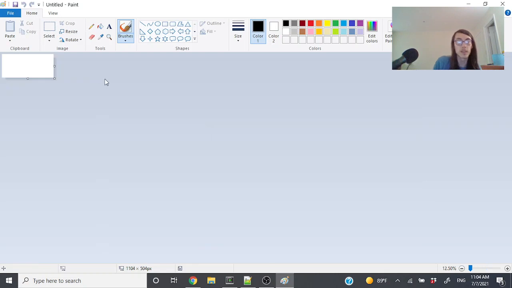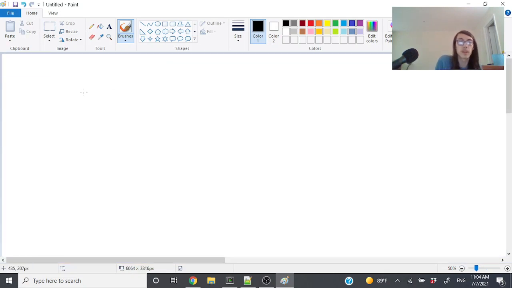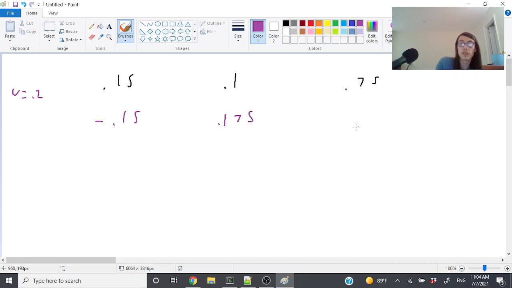So my problem right now is we have like 0.15, and then 1, and whatever's left, 0.75. Then we subtract, and then V is 0.2. So then this loses everything. So this gets minus 0.15. This gets 0.175. This gets 0.825. Then we get rid of this, and that gets everything.